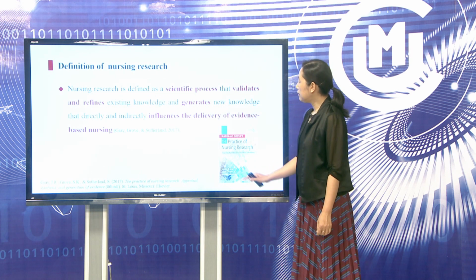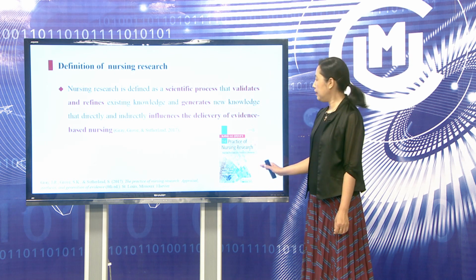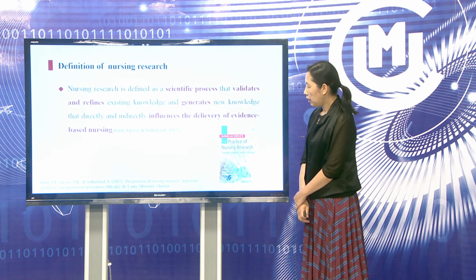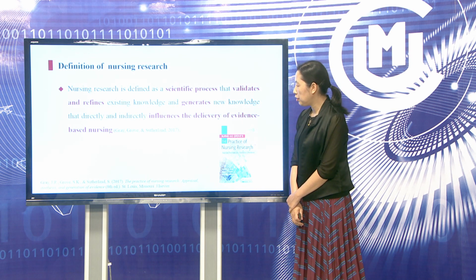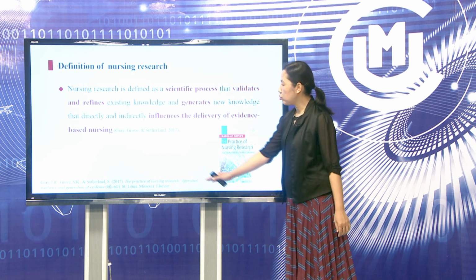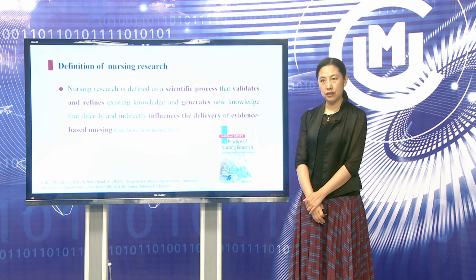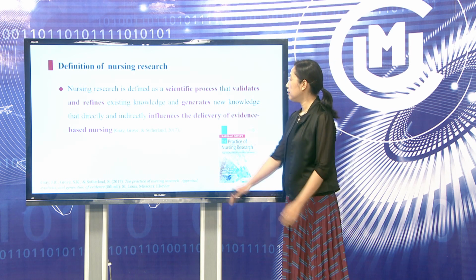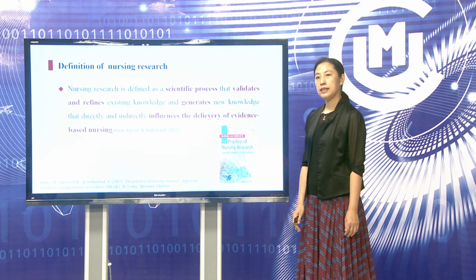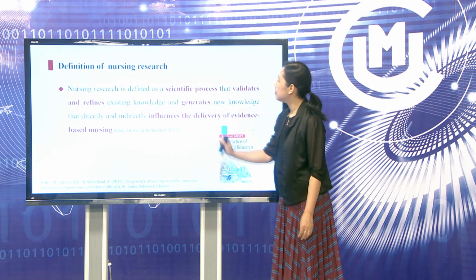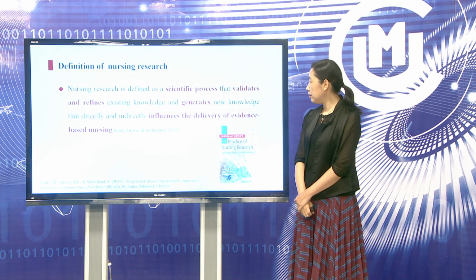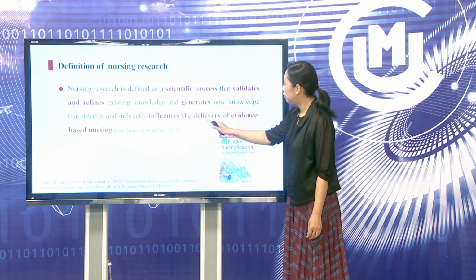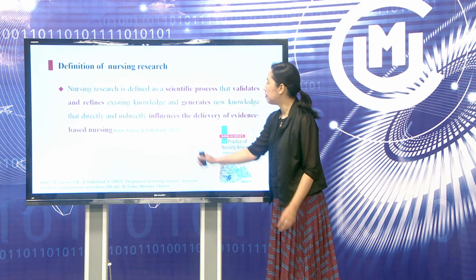And I really like this definition from this book, which we are going to use as the major textbook in this course. It was edited by Dr. Gray, Dr. Grove, and Dr. Sutherland in 2017. In this textbook, they define nursing research as a scientific process that validates and refines existing knowledge and generates new knowledge that directly and indirectly influences the delivery of evidence-based nursing.